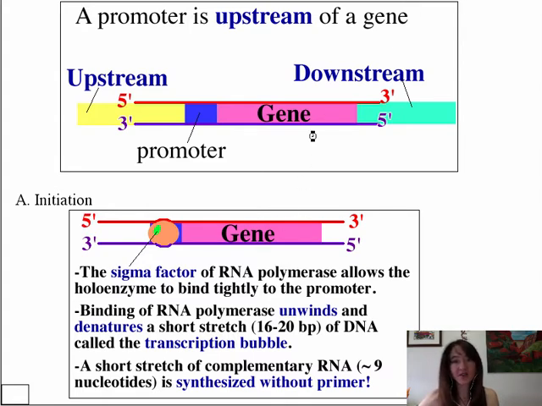And in fact, we could even draw in here that by the time this is just starting here, we have this little piece of RNA with its 5' side and its 3' side inside of the RNA polymerase enzyme, and it's just transiently pairing with the template strand. So at this point, the coding strand's pushed out of the way and the RNA can pair with the template strand. So only about 9 nucleotides.